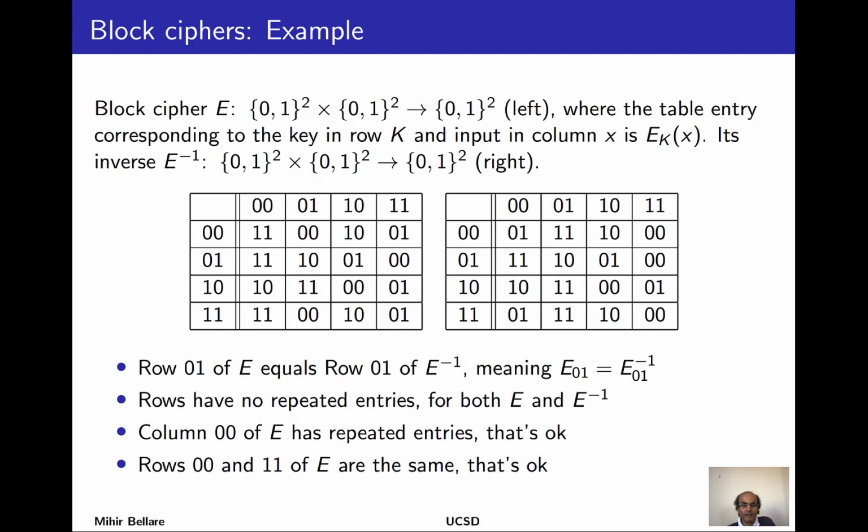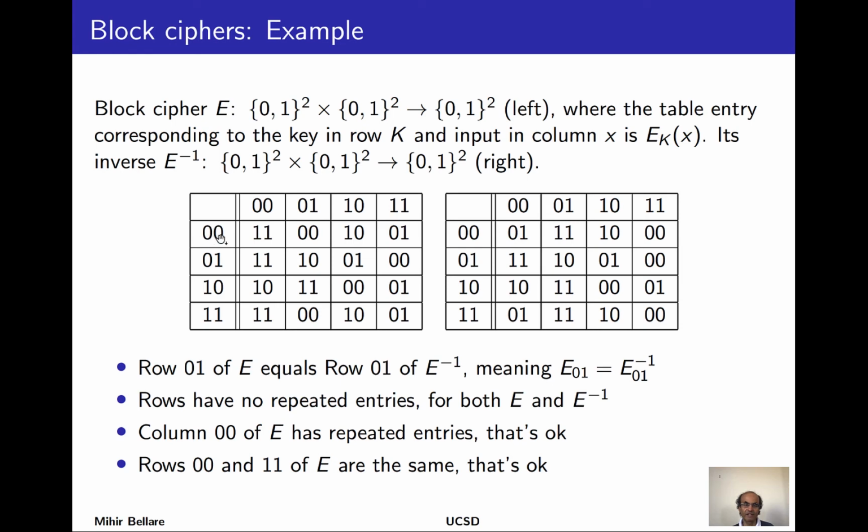So we can represent block ciphers in many ways. We might write code, we might write formulas, but one thing which represents any block cipher is a table. How would we do that? For example, if we have here a block cipher taking 2-bit keys and 2-bit inputs to 2-bit outputs, then we can create a table where the columns are labeled by possible inputs, the rows by possible keys.